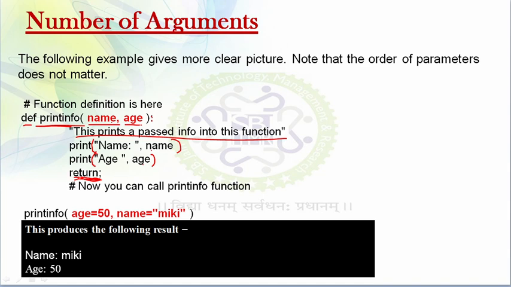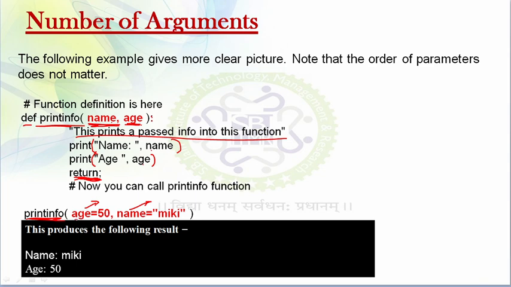So we will now call this function. I'm calling this function print info, and you can see my first argument in the definition is name and my second argument is age. But while calling the function, the first argument that I'm providing is my age, and the second argument that I'm providing is name.